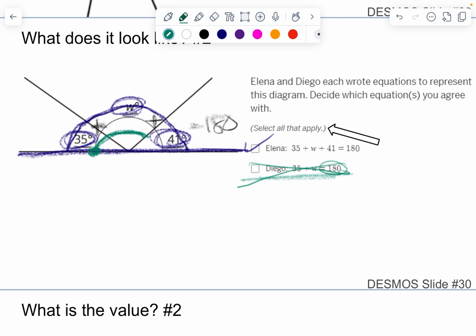We come here and we stop it right there. That does not make a full semicircle. It doesn't start and stop on the same line, so it can't be 180 degrees. And we don't really know what that angle could be. Well, we can figure it out with Elena's equation.